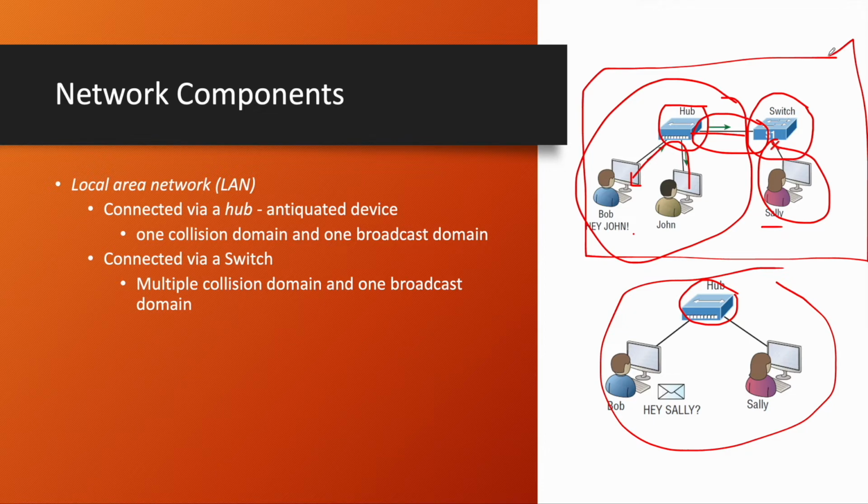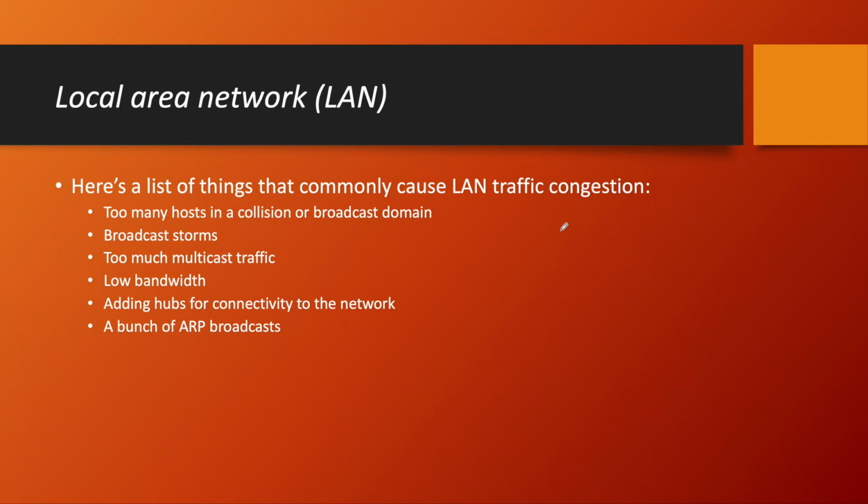If you look at the LAN, there are many things that commonly cause traffic congestion. One is too many hosts in a collision or a broadcast domain. If you add multiple devices to a collision domain, which means you're going to extend your network, and rather than adding a switch, you are adding a hub, then all the devices connected to that hub are still part of a single collision domain.